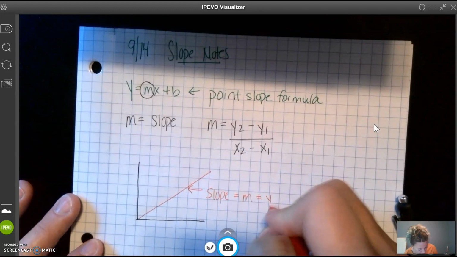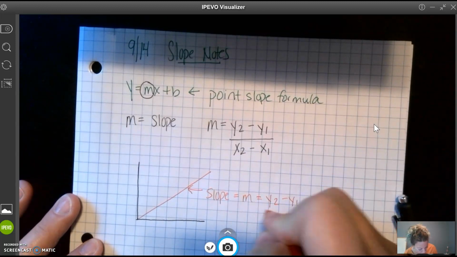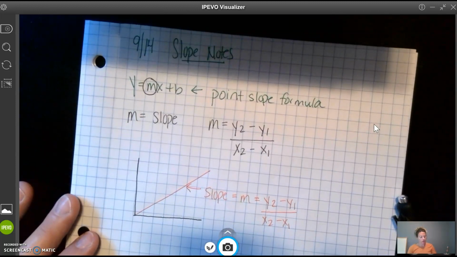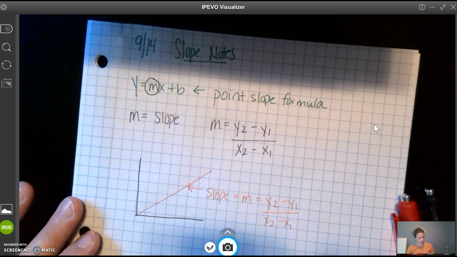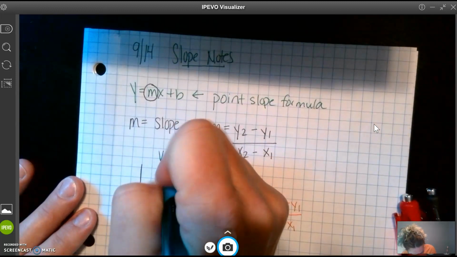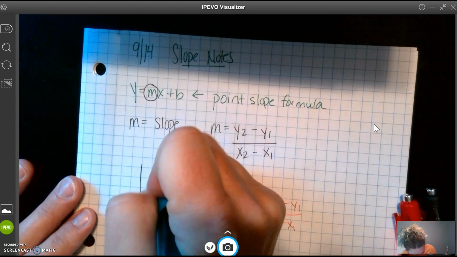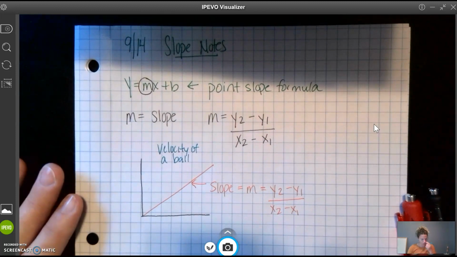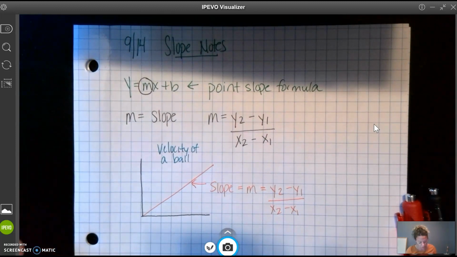We call that y2 minus y1 over x2 minus x1. If we are in science class and we're saying, hey, we're going to take a look today at the velocity of a ball. Once again, not the best when it comes to descriptive titles, but it will do.